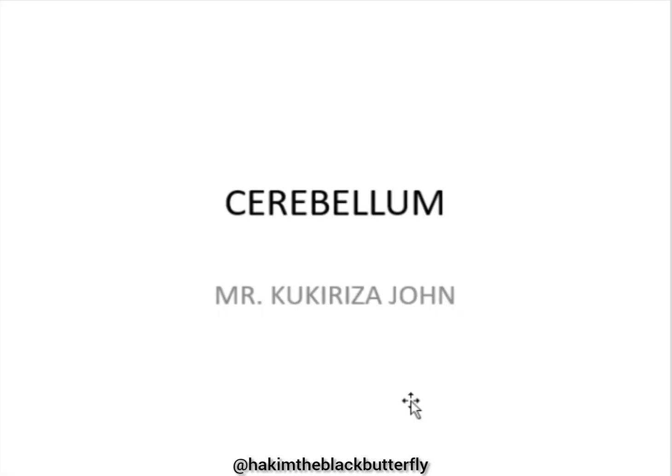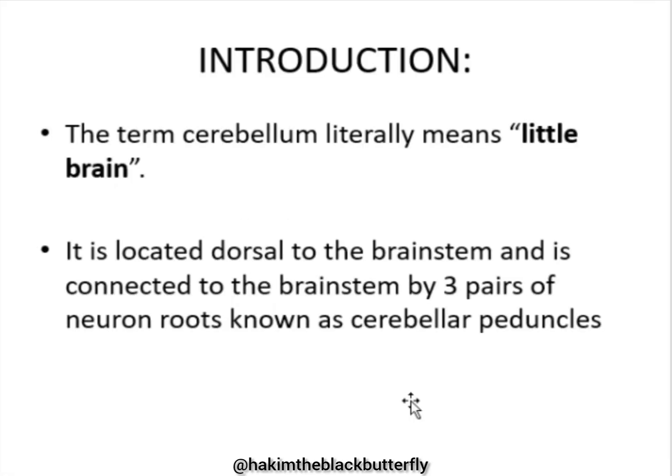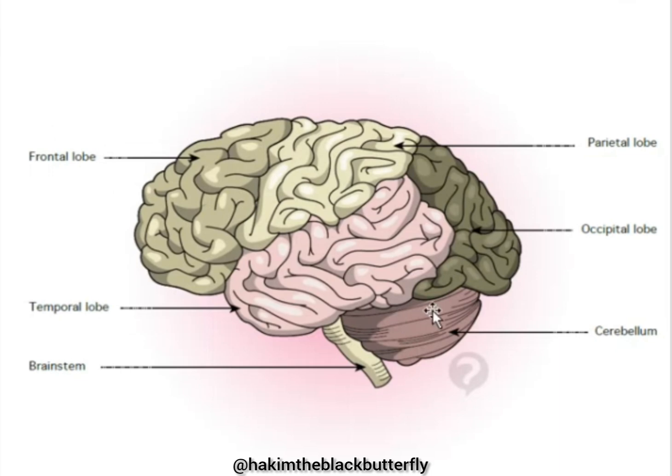Cerebellum literally means little brain. And as I said, it is located inferior to the occipital lobe. This is the occipital lobe. So it is located inferior to the occipital lobe.